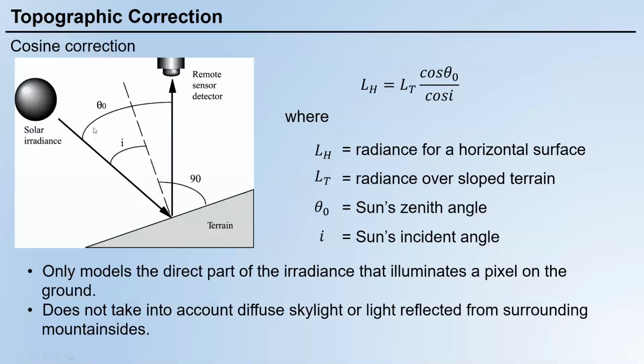So there could be multiple irradiances from all directions illuminating this specific point. In the real world, it's much more complex. For this specific model, let's just assume this is the direction of solar irradiance. It does not take into account diffuse skylight, scattered skylight, or light reflected from surrounding mountain sides. It's a very simplified model.